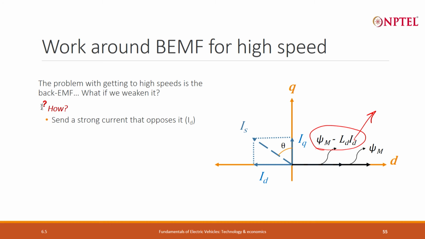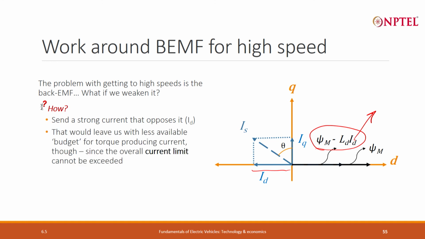If I increase the ID, the D axis current, then this overall term will decrease, and that is why you see that the D component is much larger, and therefore, the angle theta is also very large. This idea of supplying a large extra component of ID to weaken the magnetic field, so that I gain the voltage needed to go faster, this idea behind what is called flux weakening.